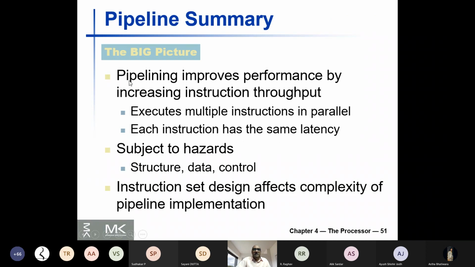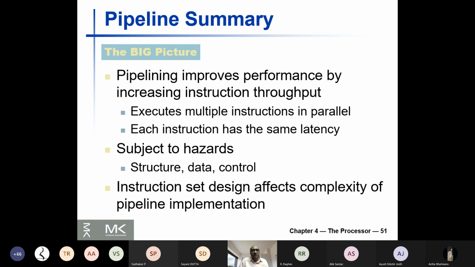Okay, then coming to the summary of the pipeline. So far, we discussed at a very gross level how the single cycle data path, or single cycle concept, can be used in a pipeline, where the single cycle can be split into multiple stages.